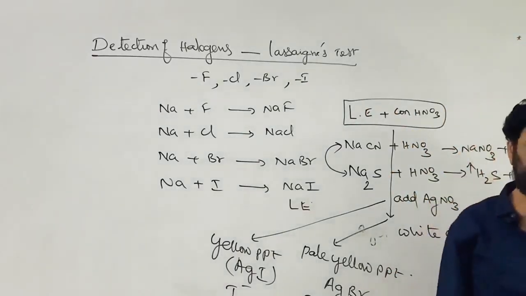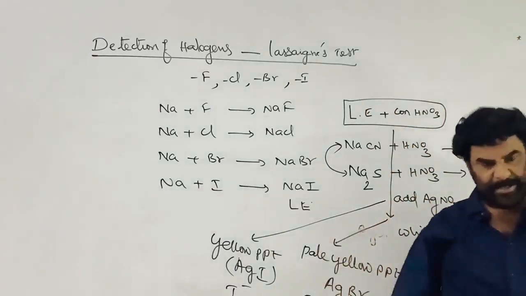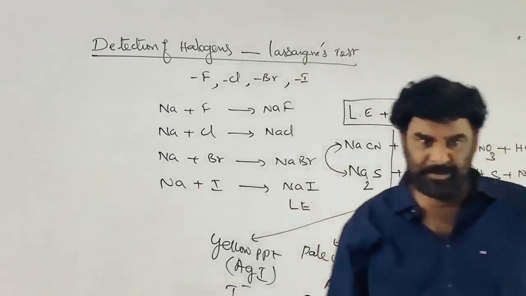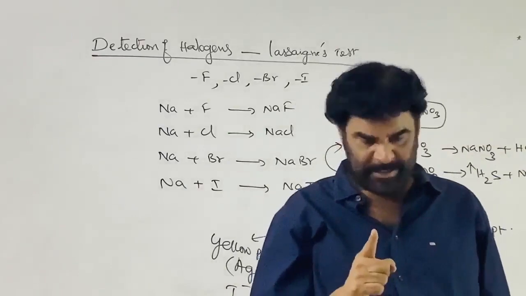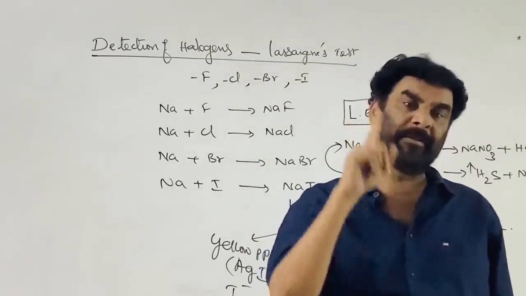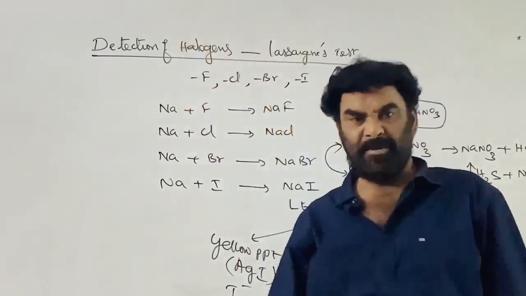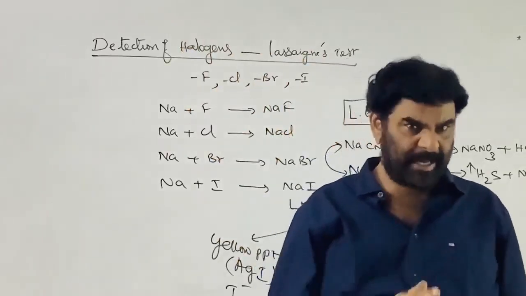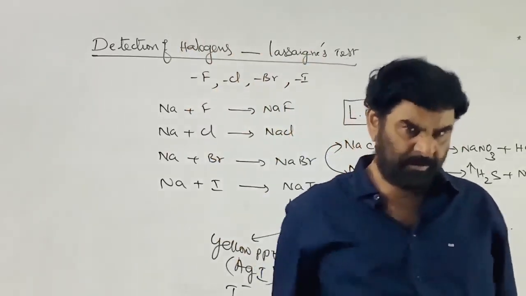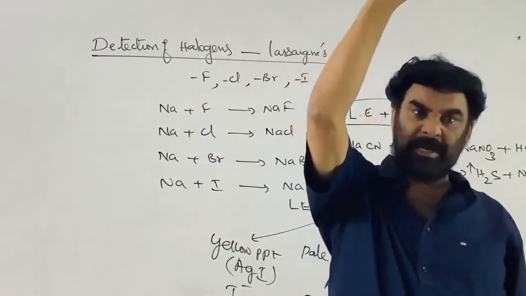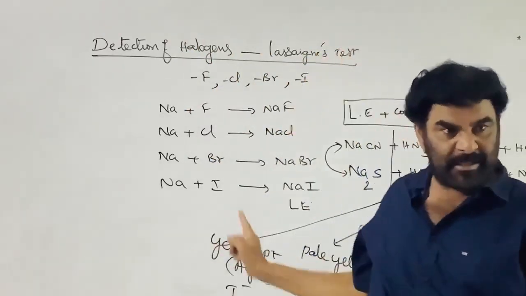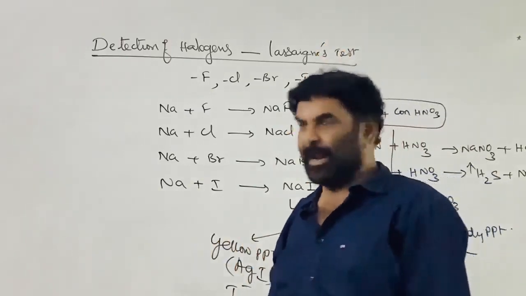Second, if a pale yellow precipitate is formed, that is silver bromide, and bromine is present in the original compound. If a yellow precipitate is formed, that indicates that the original organic compound contains iodine, and this yellow precipitate is silver iodide.